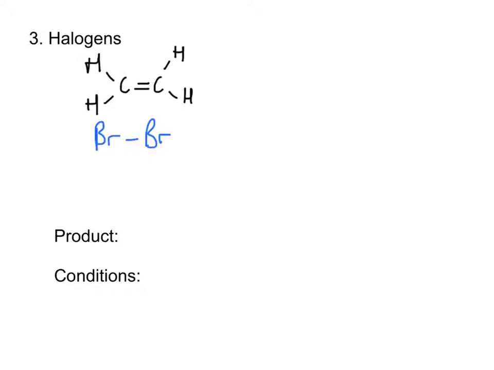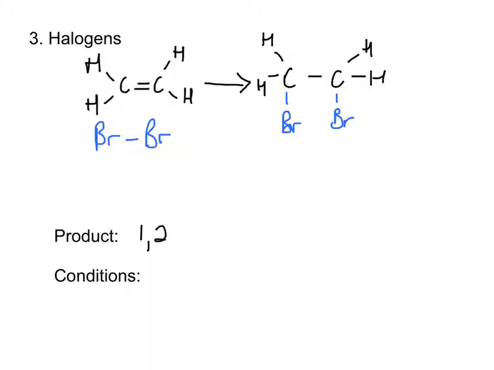When halogens react with alkenes, the same type of reaction occurs, an addition reaction. And the product is 1,2-dibromoethane.